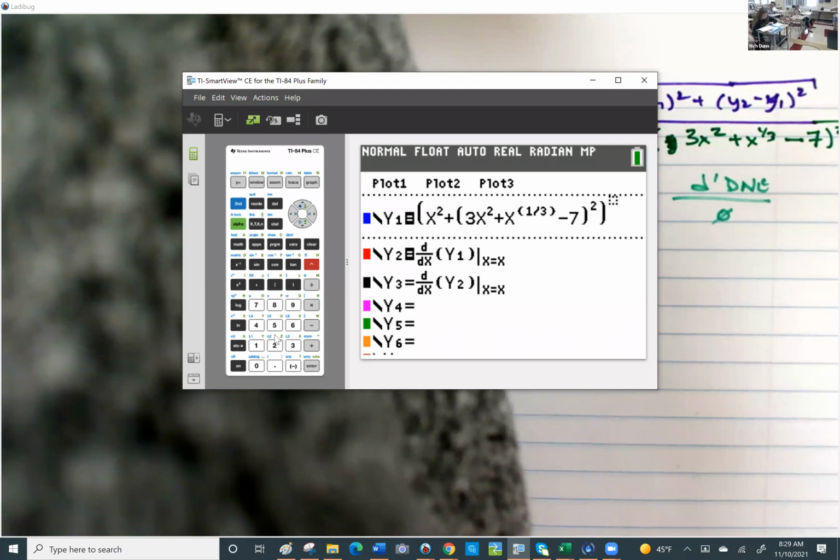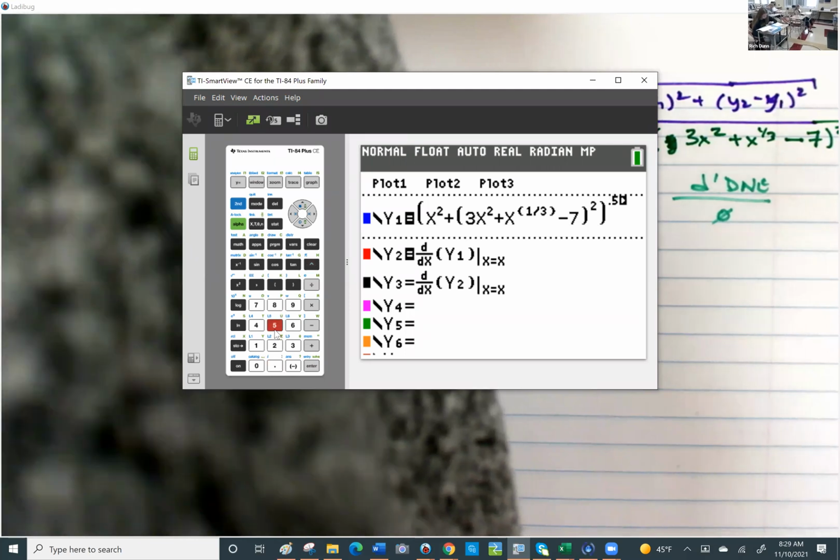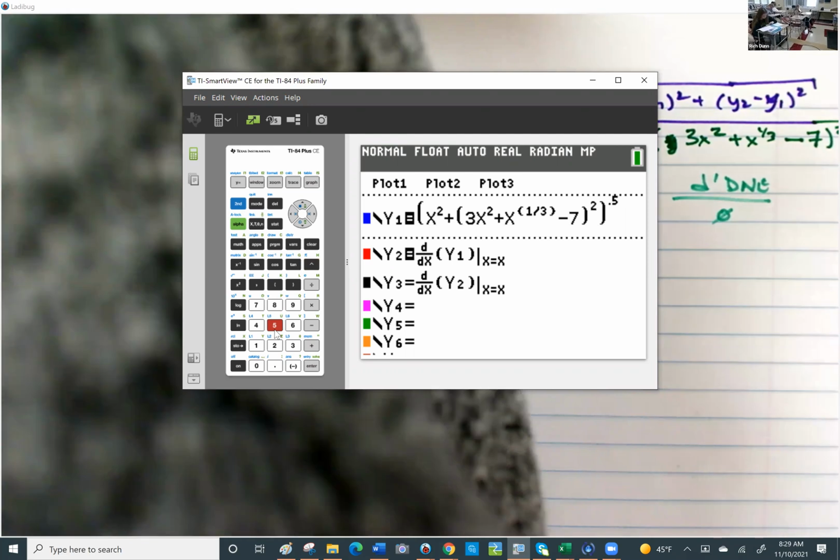I probably should have put the square root first, so it's all underneath there. That would have been a better way.